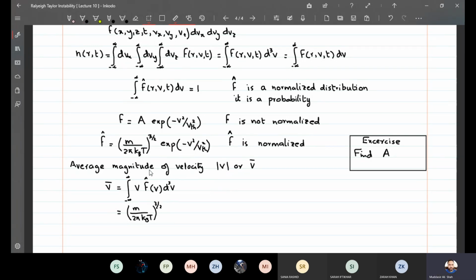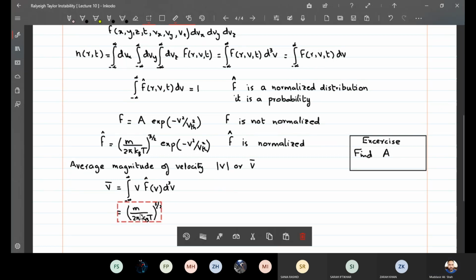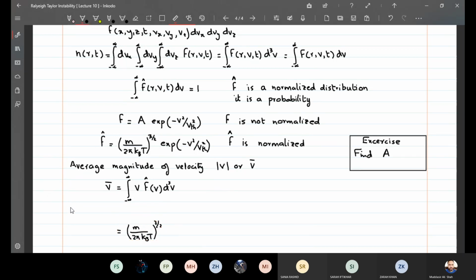Since F is isotropic, we can use spherical coordinates.